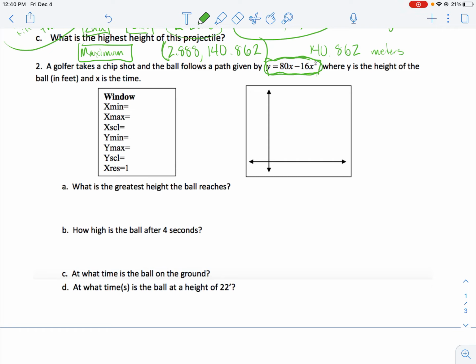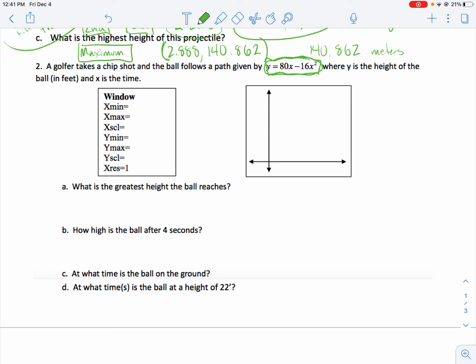Okay, now if you just hit graph, okay, we still get a pretty nice picture for this. All right, I'm going to kind of keep my window the same. I mean, I guess I could make it look a little nicer. Maybe I'll shorten my x max up. Okay, so if you hit the second table, you'll see that between 0 and 5, okay, our trajectory is in the air.